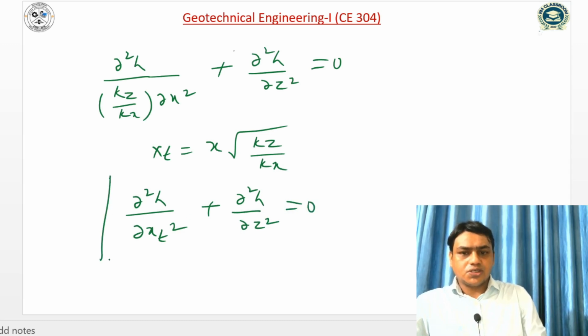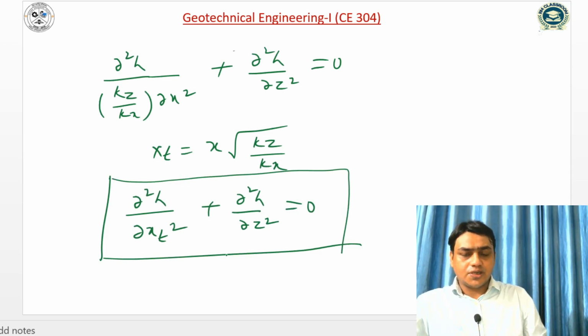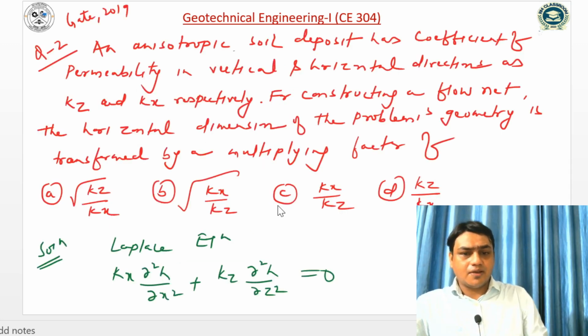This is the form of the Laplace equation, and the solution of this Laplace equation in the plane xt-z is that the flow line and equipotential line will be orthogonal to each other. Here I have taken the replacement xt is equal to x square root of Kz by Kx, so multiplying a factor of square root of Kz by Kx. So option A is correct.